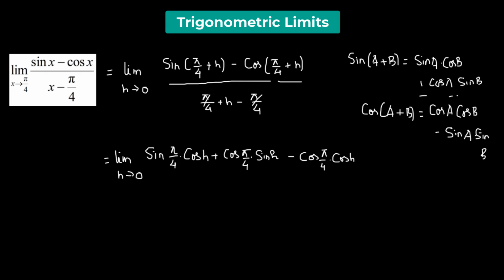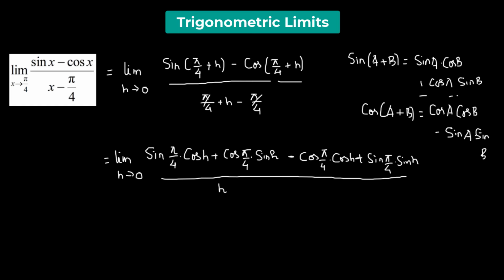Now we have minus of sine, so that gets multiplied with a negative sign to give us a positive. Sine pi by 4 times sine h whole divided by h.